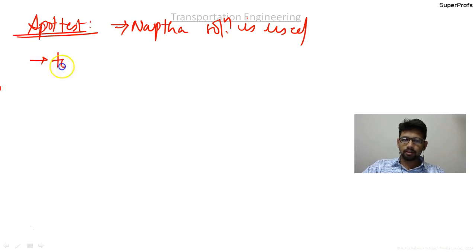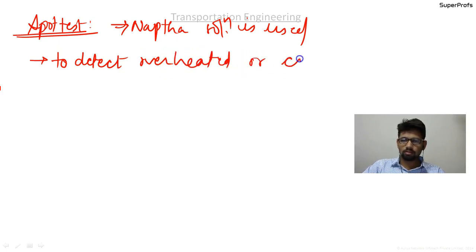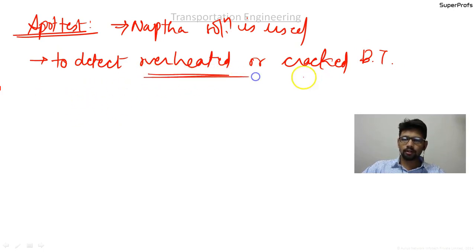It is to detect overheated or cracked bitumen. I'll tell you what overheated or cracked means. Due to continuous heating, the bitumen loses its ductility and softness, which should be avoided.